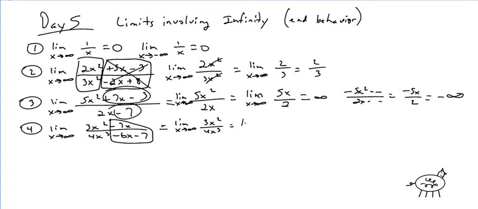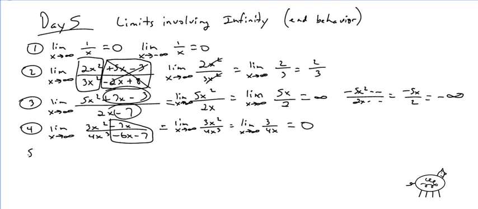We can simplify that to the limit as x approaches infinity of 3 over 4x. What happens when x gets really big? It's 3 over some huge number, which is 0.